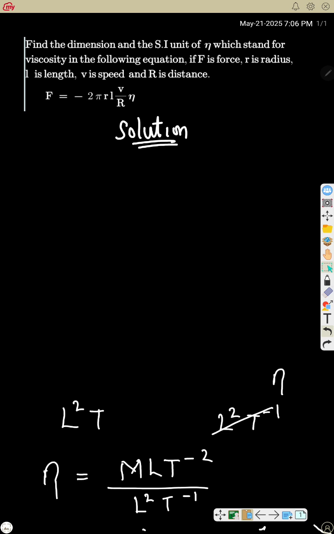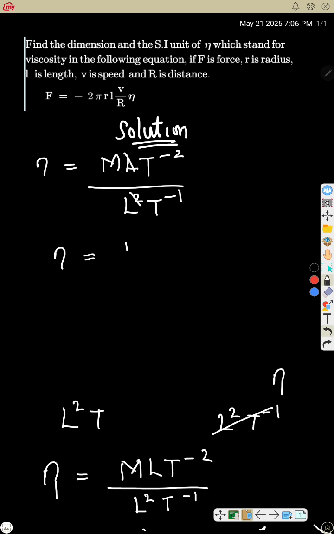So from here, we can see one L cancels because we have 2 of it down. So this will be M over L, as you know there is one L remaining, times T raised to power minus 2 over T raised to power minus 1.